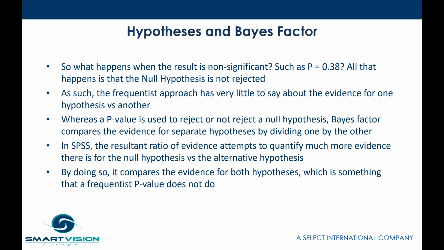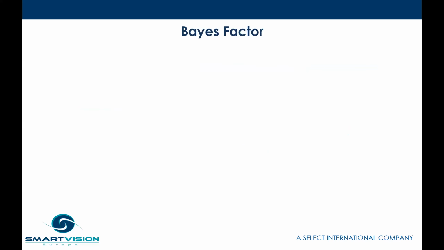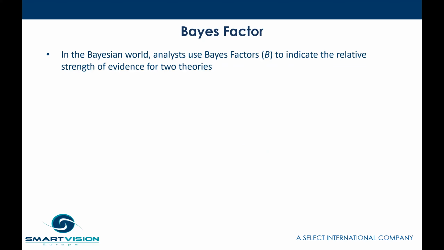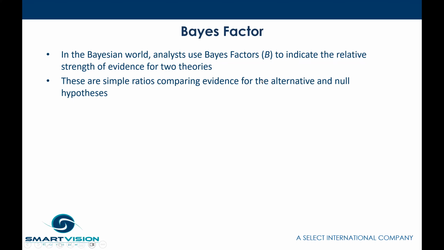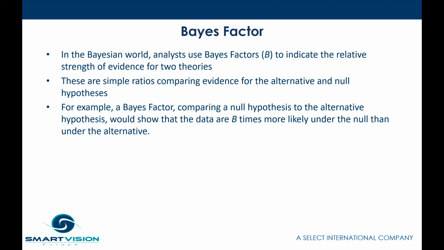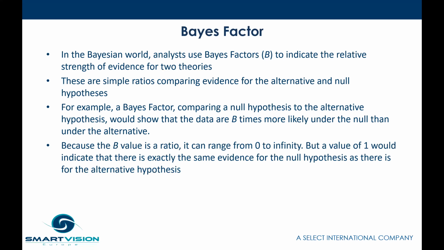And by doing so, it compares the evidence for both hypotheses, which is something that the frequentist p-value does not do. So this is just labeled B, and it looks like this, to indicate the relative strength of evidence for two theories. These are simply ratios comparing evidence for the alternative and null hypothesis. For example, a Bayes factor comparing a null hypothesis to the alternative hypothesis would show that the data are B times more likely under the null than under the alternative.